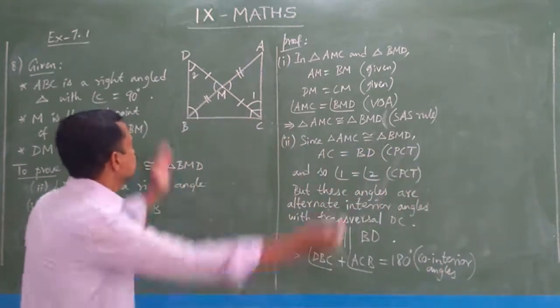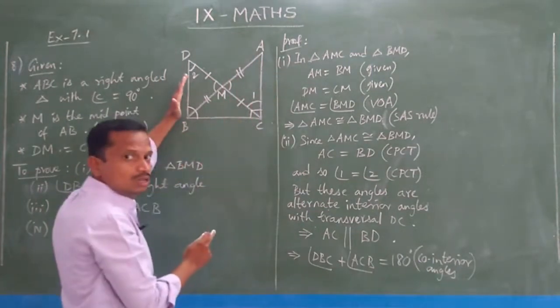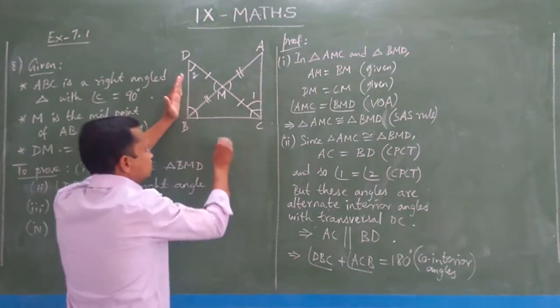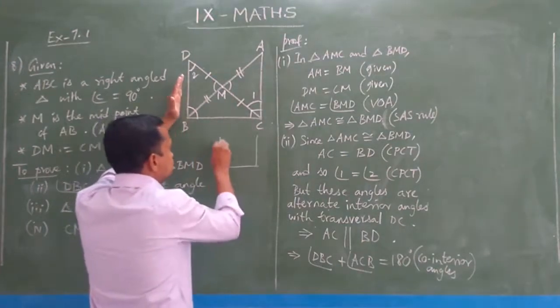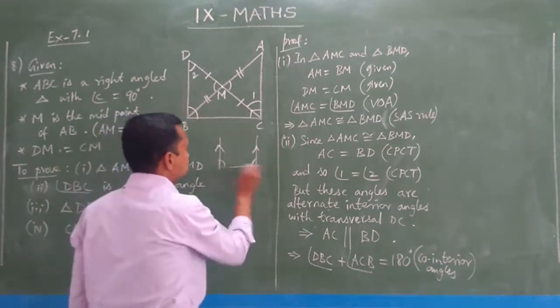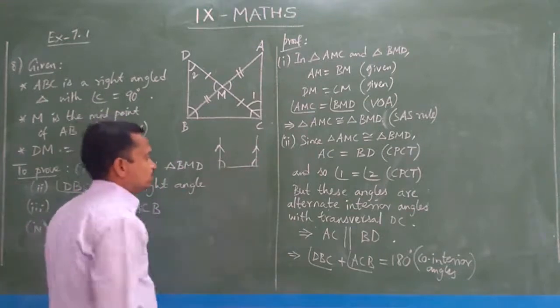Co-interior angle means what? If these two lines are parallel and BC is the transversal, then these two angles are co-interior angles. Okay, so like that we have to understand.